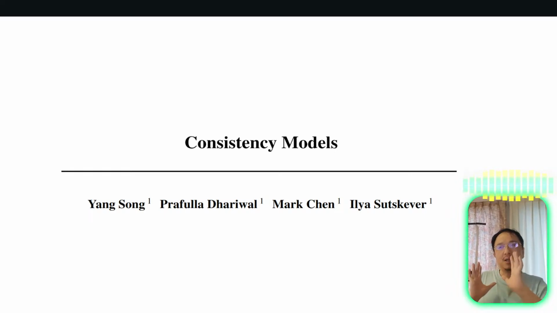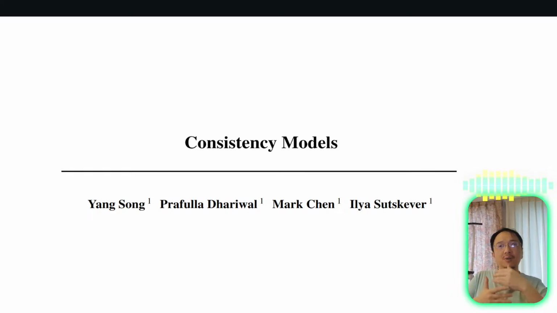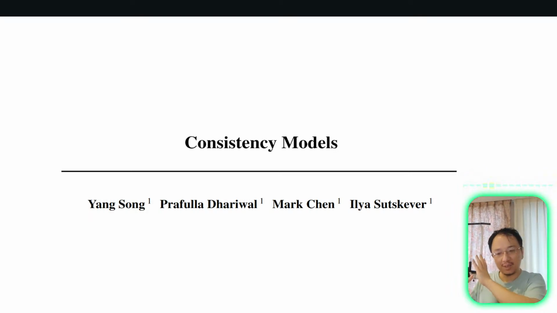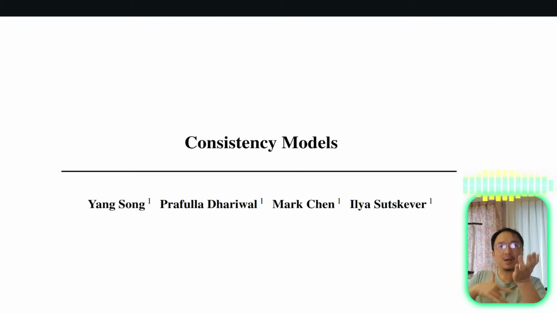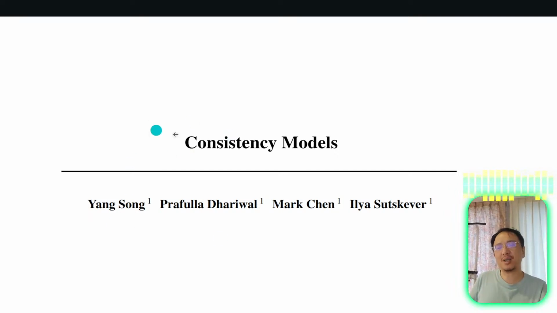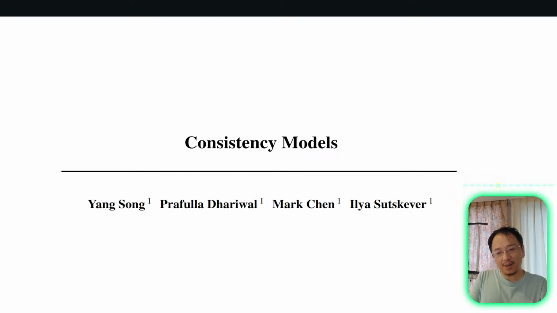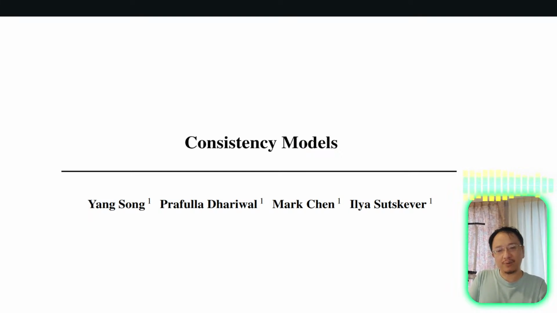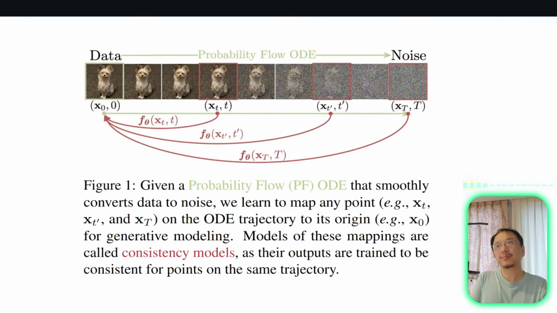The latent consistency model comes from the consistency model, and applies this method on the latent space. So we go back to the consistency model. This one is also from OpenAI. In the original paper, this one is working on the pixel space. So what is a consistency model?